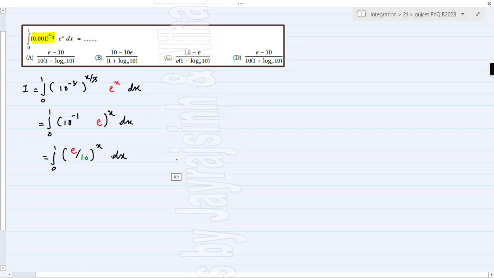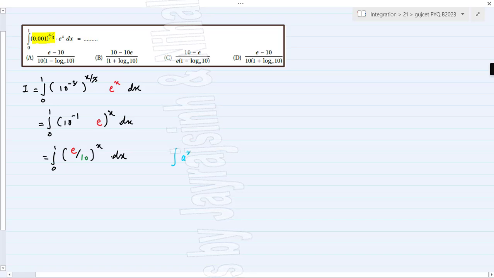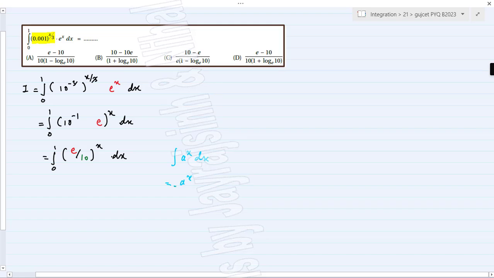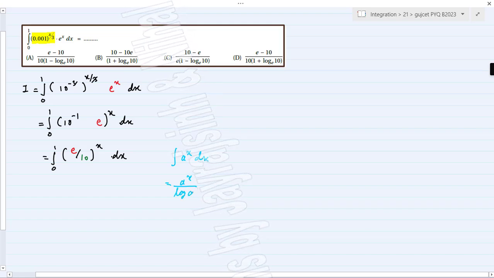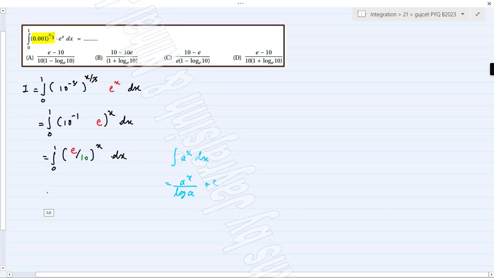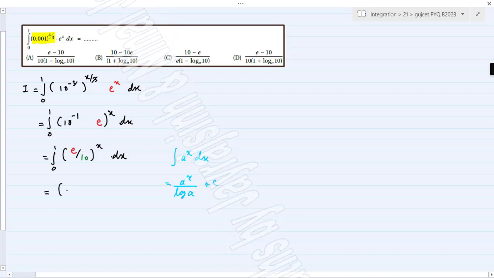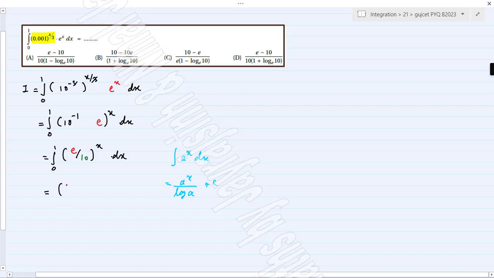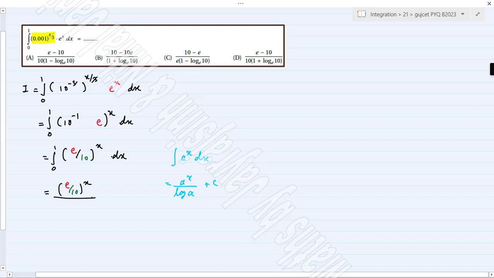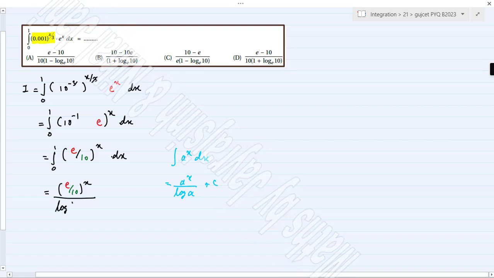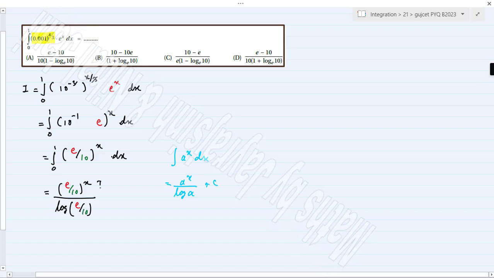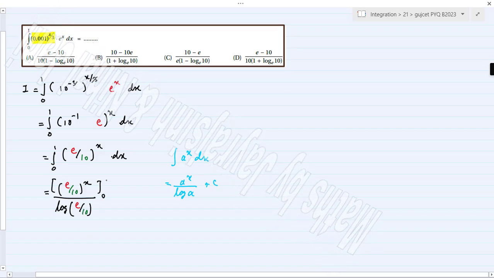So basically this will become integration of a raised to x dx, and its integration is a raised to x upon log a, plus c. But we have limits, so no problem. So here we will get e by 10 raised to x upon log of e by 10. Limit is from 0 to 1.